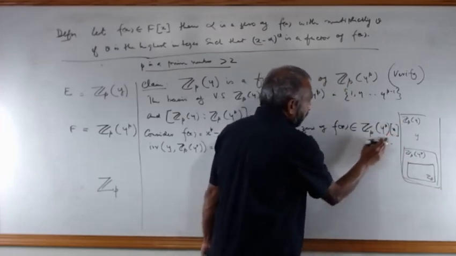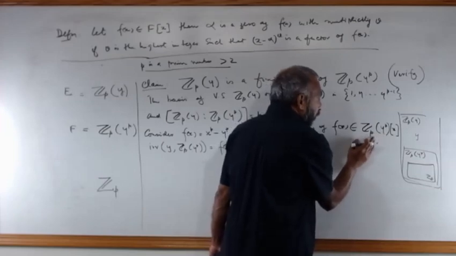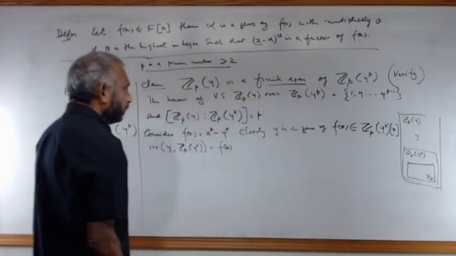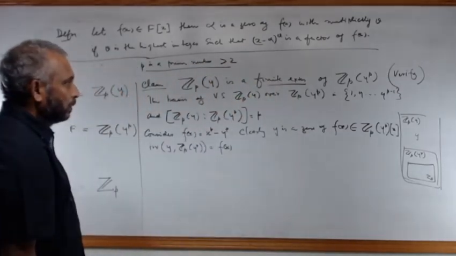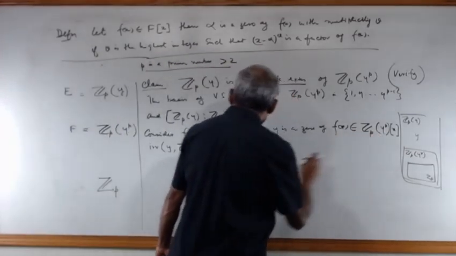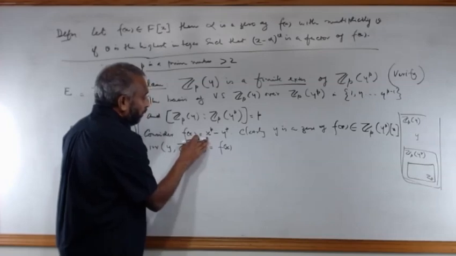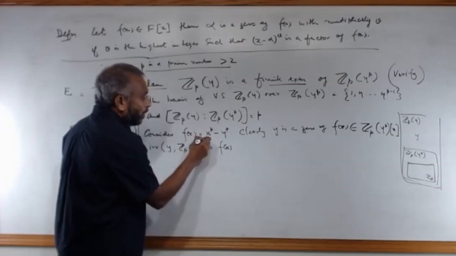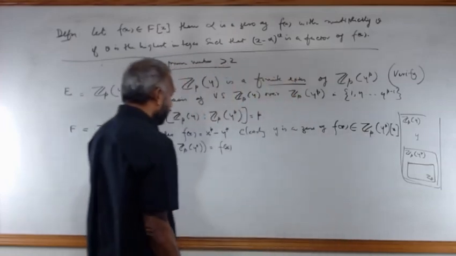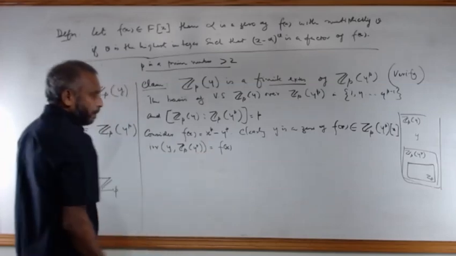In here, the lowest degree of the indeterminate is p. Right? So this is the smallest. If you reduce to a lower degree, that will not belong here. So that is why this is the irreducible polynomial of y.